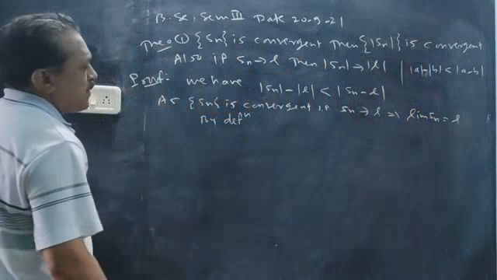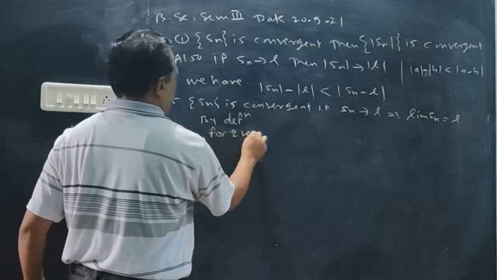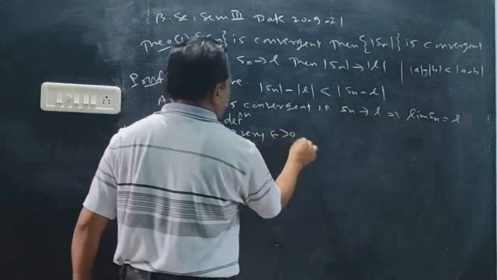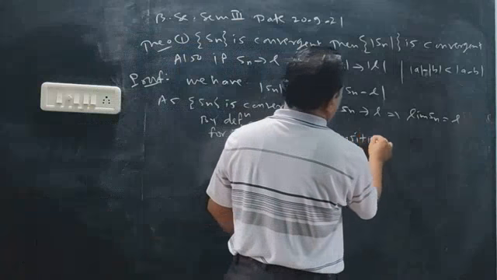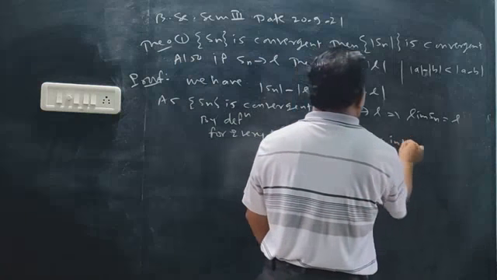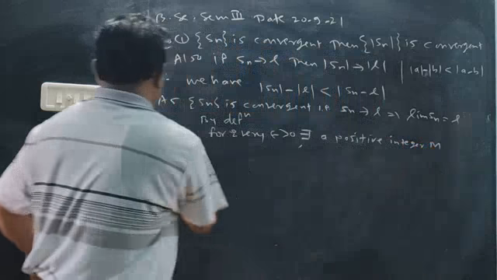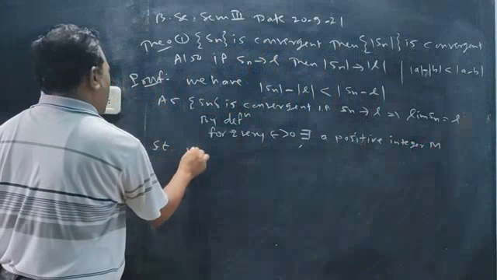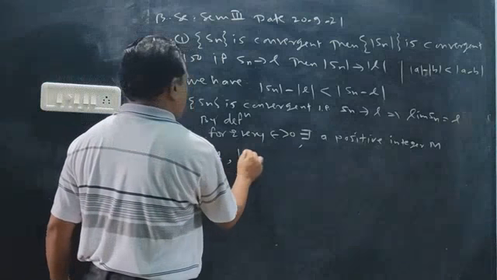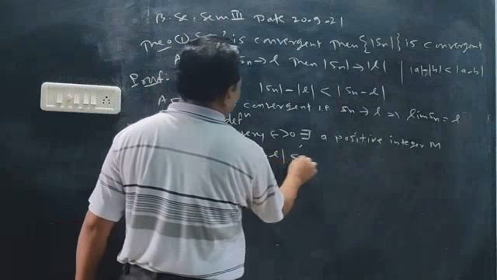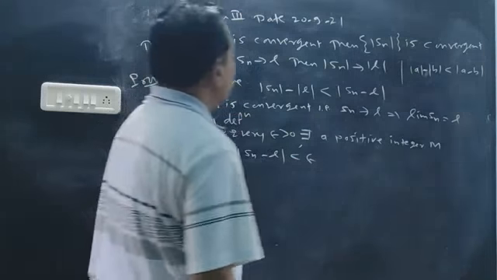And then by the definition of the limit of a sequence, for every epsilon greater than 0, there exists a positive integer capital N such that for m greater than N, mod of Sm minus L is less than epsilon. This is the definition of the limit of a sequence.